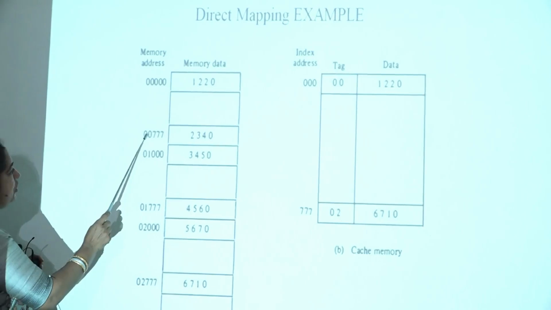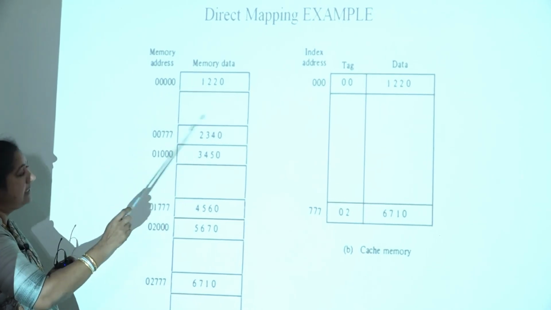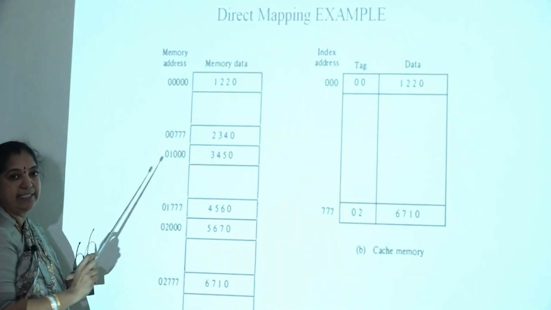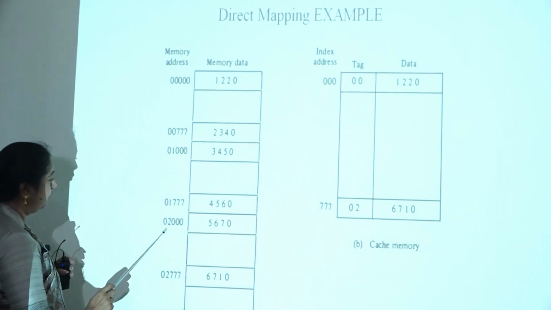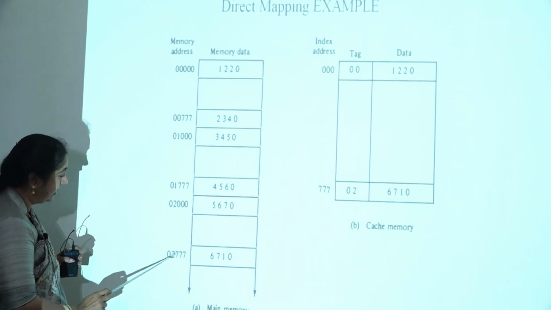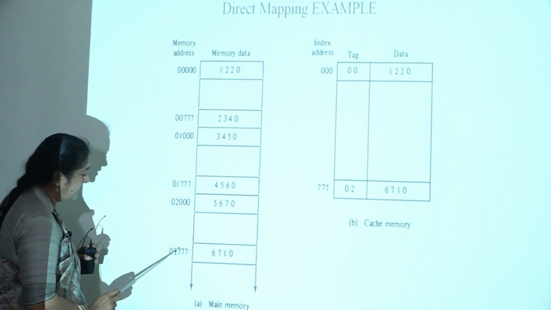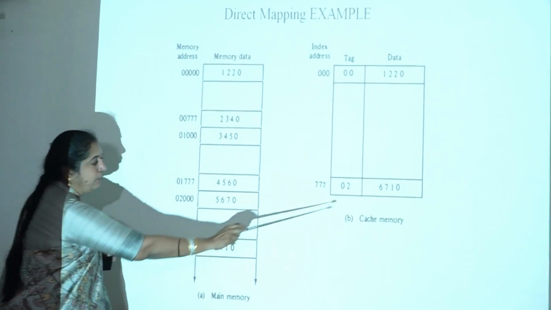In the same way, if you take 00777, 00 is the tag and 777 is the index. For example, if we want to find 02777, here 777 is the index, 02 is the tag and the corresponding data is 6710.